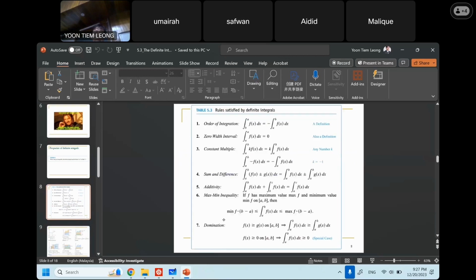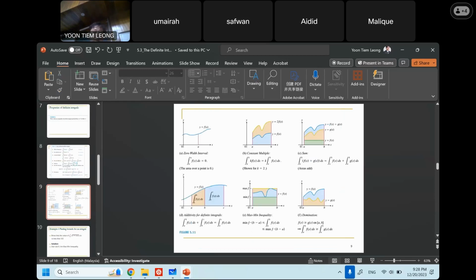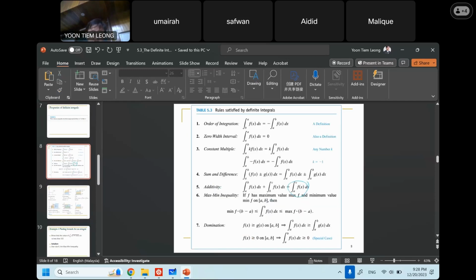So this theorem too is very useful. It says if you have two functions which are known to be integrable, then they follow these rules. So if you know any of the definite integral of f of x, sorry, no, this is different. I will talk about that in a minute.